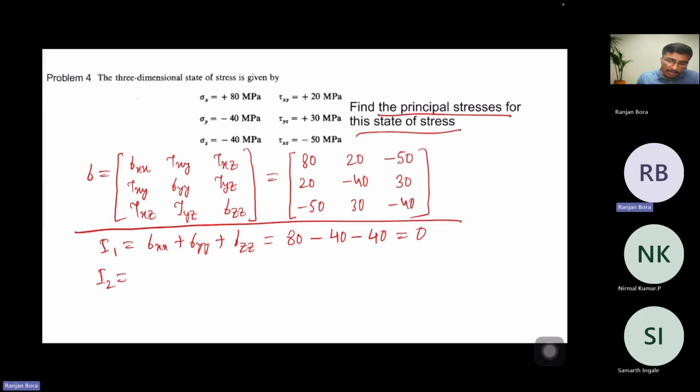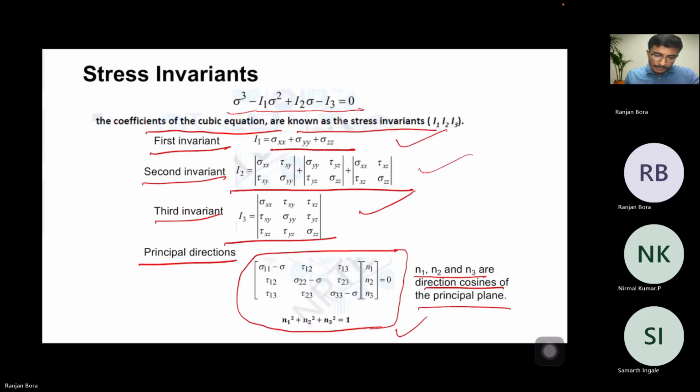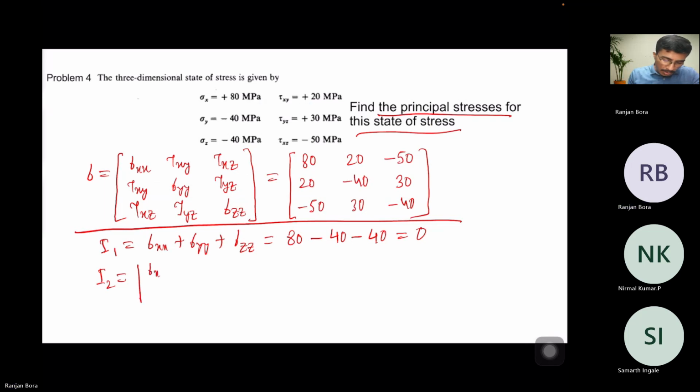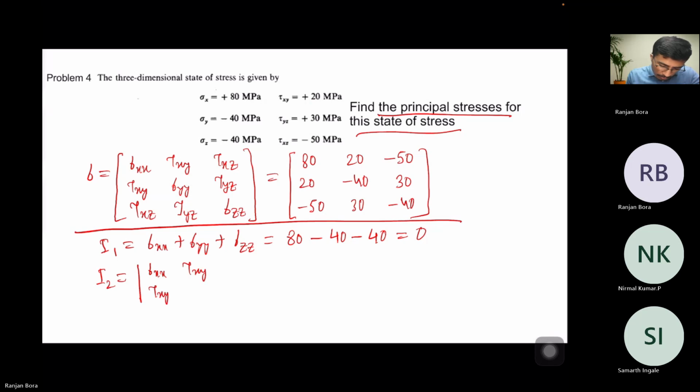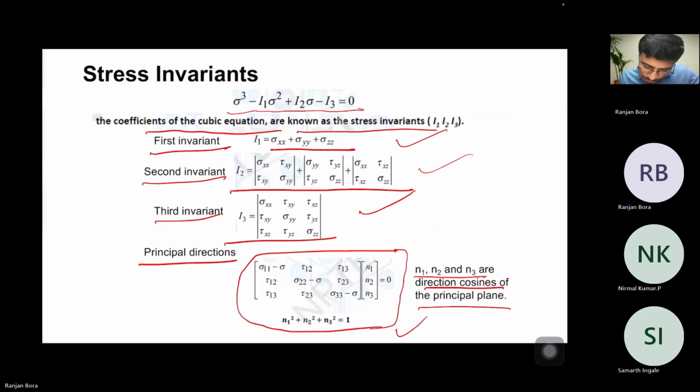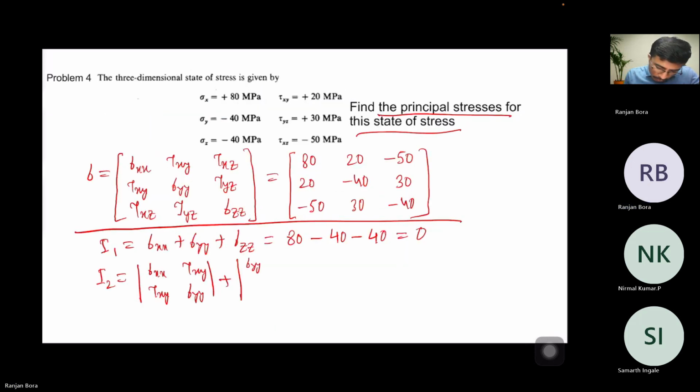Now the second invariant is sigma xx sigma yy minus tau xy square, plus sigma yy sigma zz minus tau yz square, plus sigma zz sigma xx minus tau xz square.